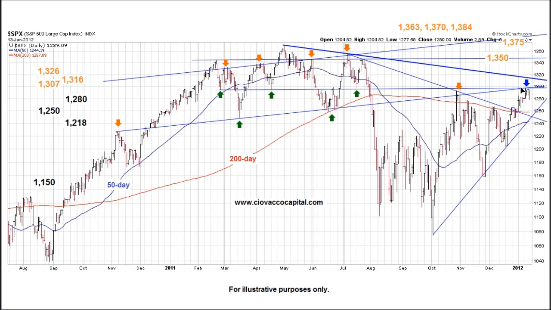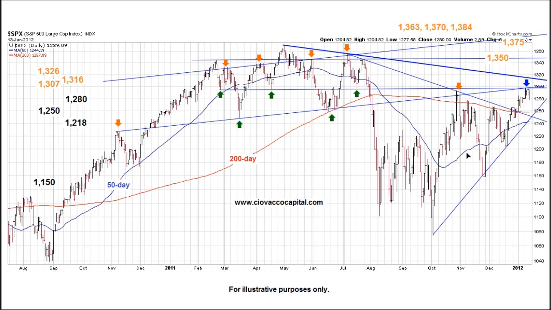If we come down in a forceful manner, you could also see some type of bounce around 1218-ish, 1220-ish. The ultimate target, we think, if we do come down and have a corrective activity, would be somewhere in the neighborhood of 1150, 1160. But that's one possible scenario.